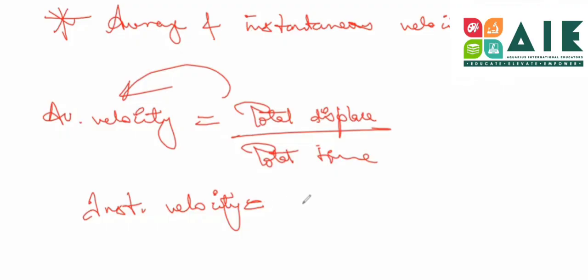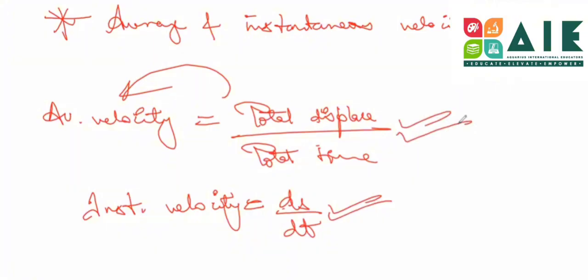You will write ds by dt, as you are using in maths. Very good. So ds over dt. You will use this formula for instantaneous velocity, and you will use the other formula for average.